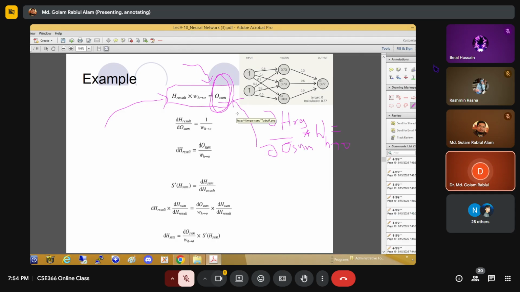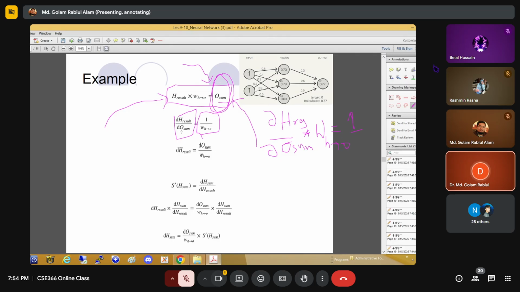So we are taking the derivative with respect to O sum. So what will we get? We will get 1 on the right hand side. It means we will get delta hidden results by delta O sum. So delta hidden results by delta O sum equals 1 by WHO. Okay, so we will get this.